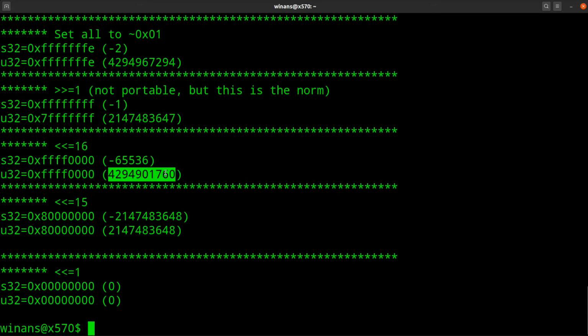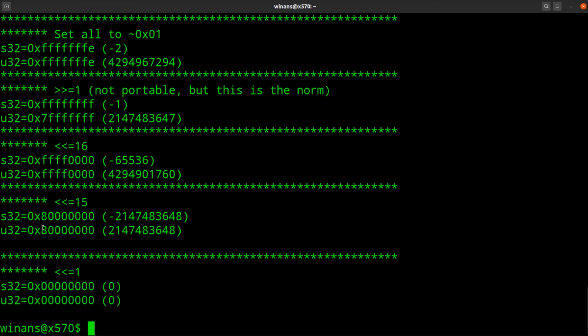This is, again, worthless. This is useful if you want to know which bits are on and which ones are off, of course. If I shift it then an additional 15 to the left, and this all makes sense, right? 32-bit number. If I move it left 16, then I move it another 15, then all the bits must be 0 except for the most significant bit. And that most significant bit may or may not be on.